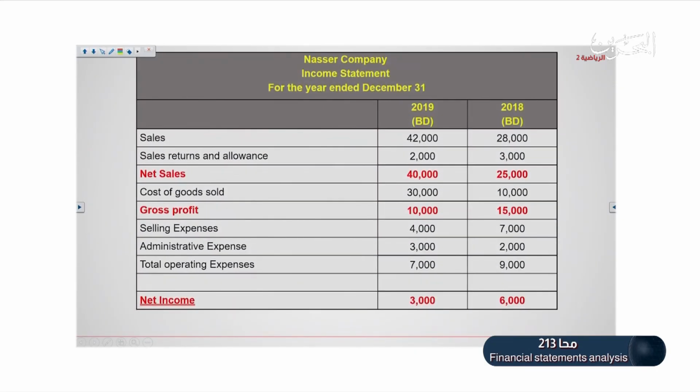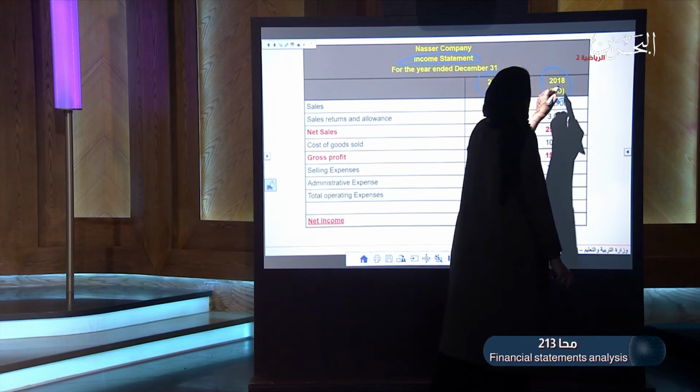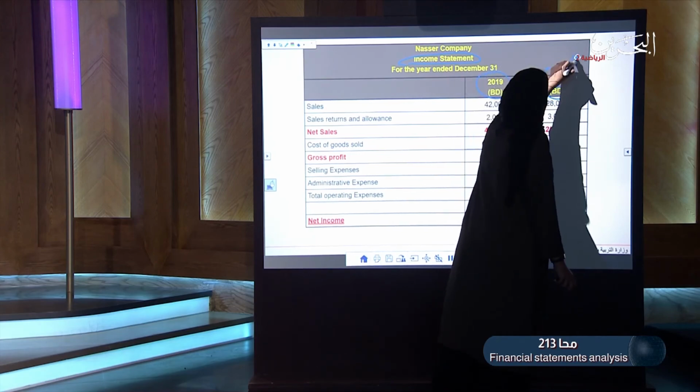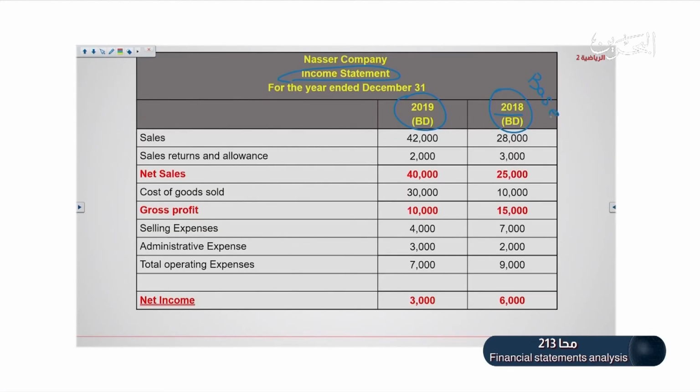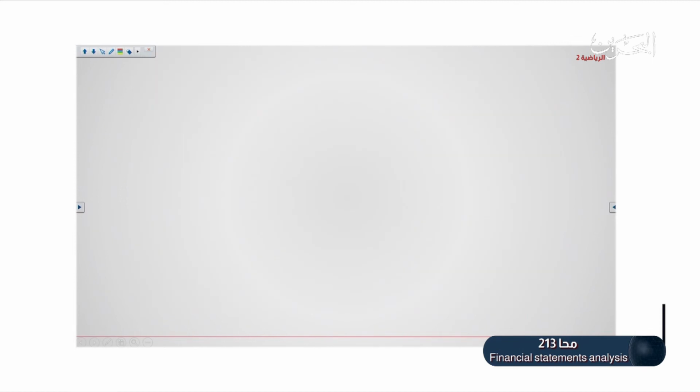Okay, now we have the income statement. The previous example was about the balance sheet. Now we have income statements. The same, we have base year and current year. The old year is base or old. The current year is new or current. Okay, let's see the solution.